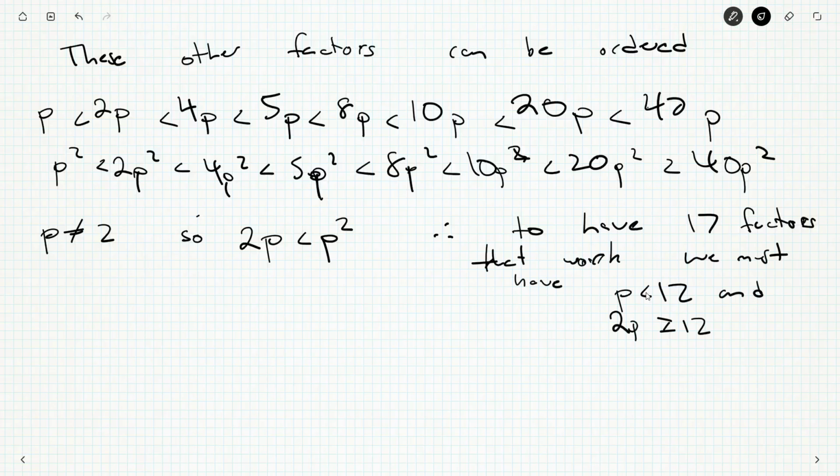That will ensure everything, because that will make p squared bigger than 12, and everything else in this list will be bigger than or equal to 12. But we do need one factor that's still less than 12.